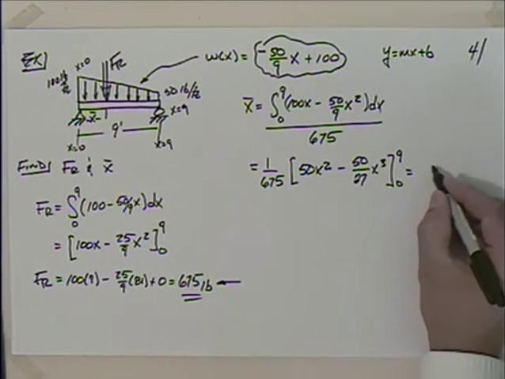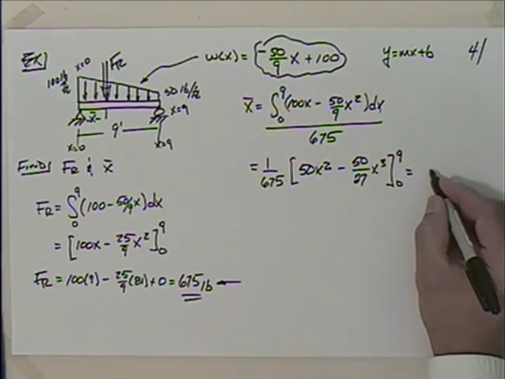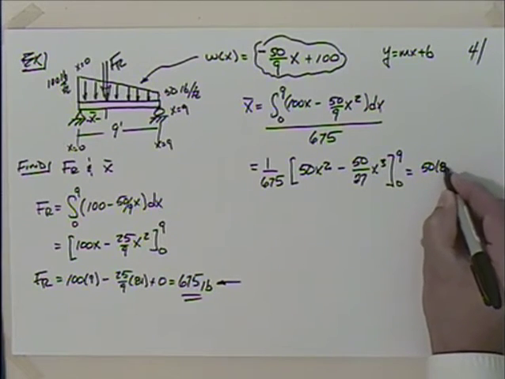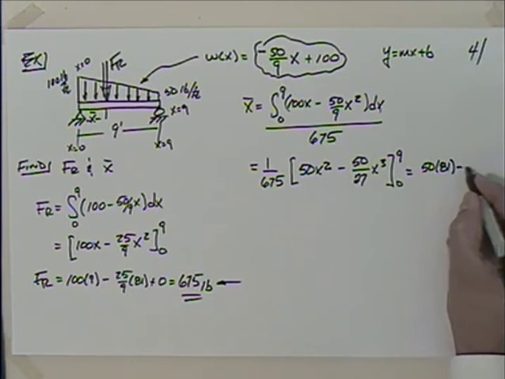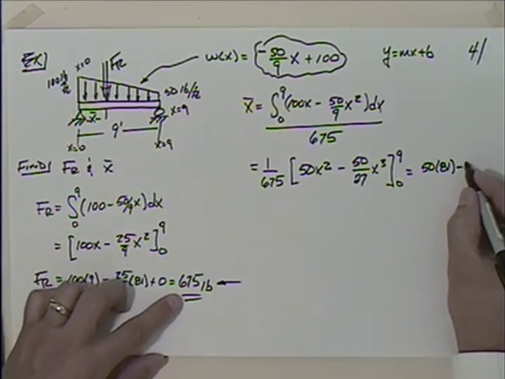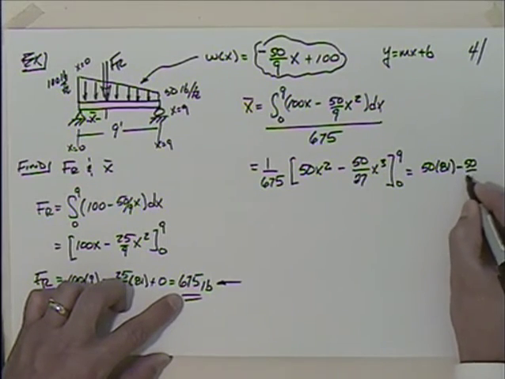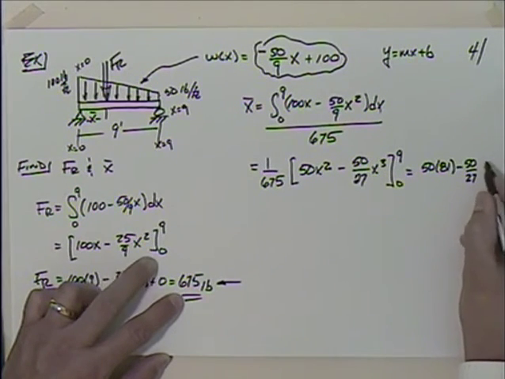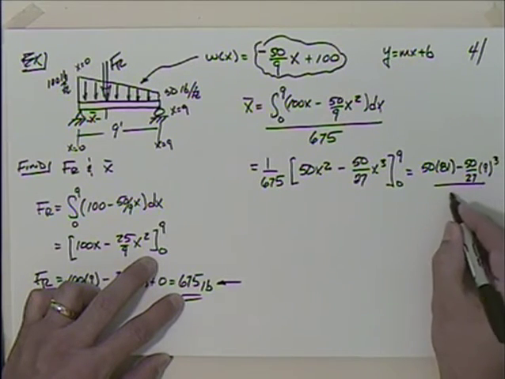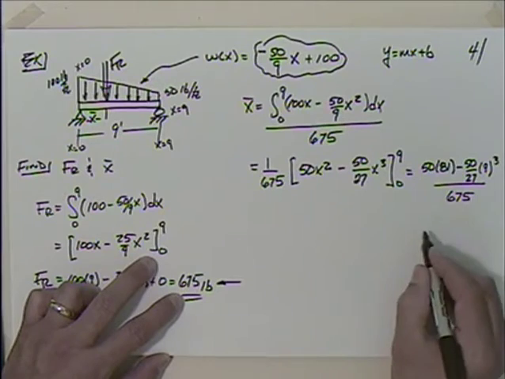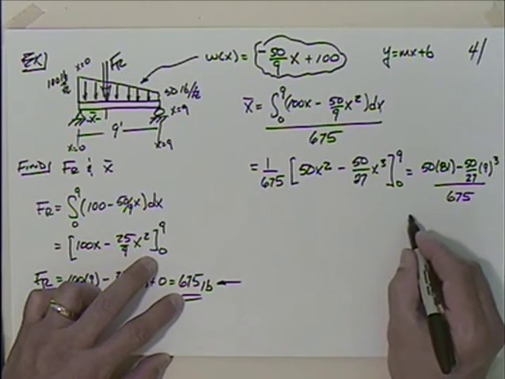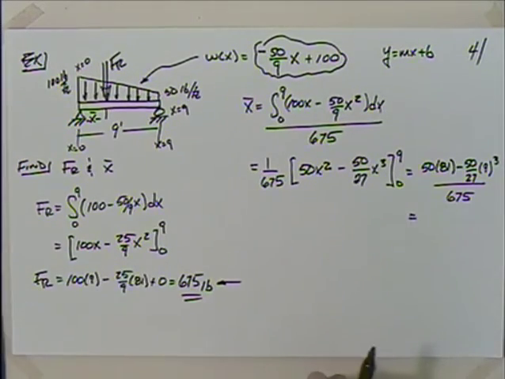So I have what, 50 times 81 minus 50 over 27 times 9 cubed. Then you have to divide the whole thing by 675. So what's that turn out to be equal to?